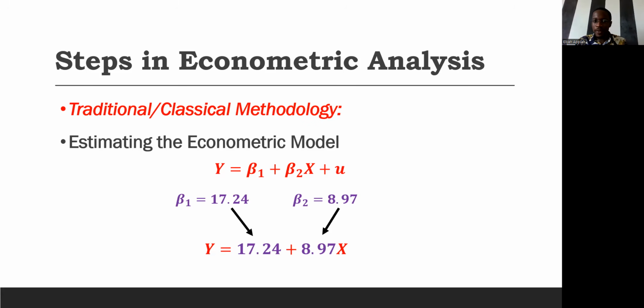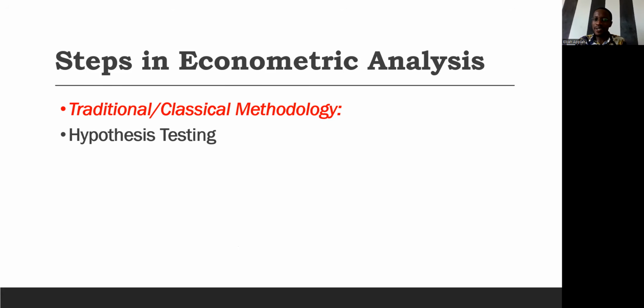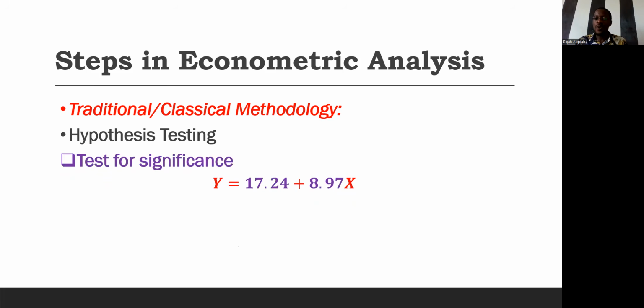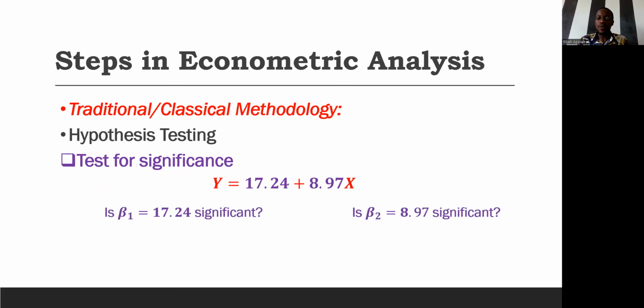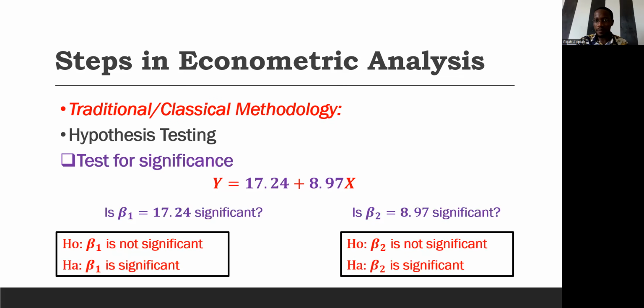So once we have estimated this regression equation, we go ahead and conduct the next step, which is known as hypothesis testing. The reason is that we will need to find out whether the beta 1 and the beta 2, the intercept and slope that we have estimated, are significant or not. So we ask the question, is beta 1, which is equal to 17.24, significant? Is beta 2, 8.97 significant? So what we do is to test for hypothesis.